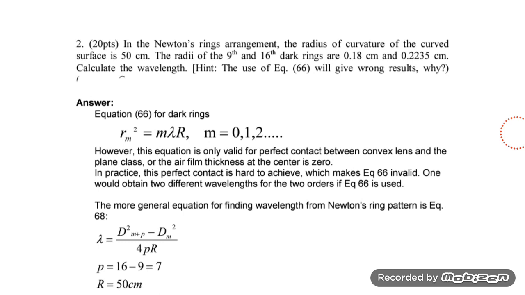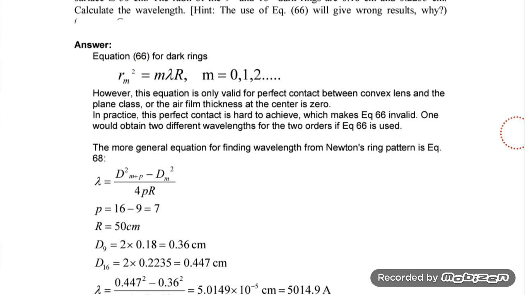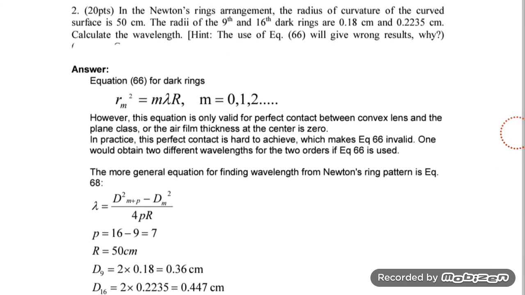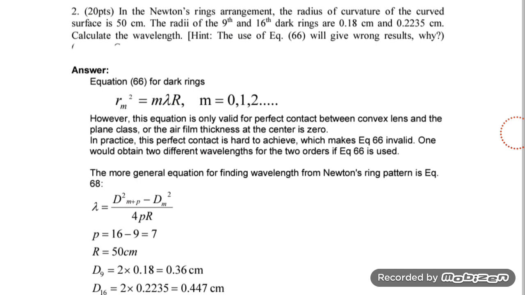As we know, we have the formula for finding the wavelength: lambda equal to D square of (m plus p) minus D square of m, divided by 4 p R. So we have to put these values.